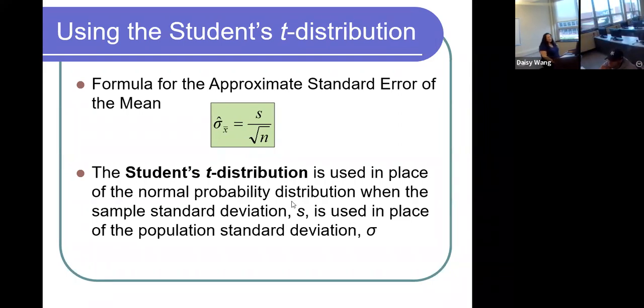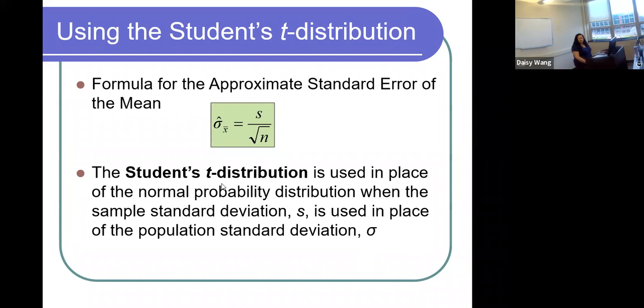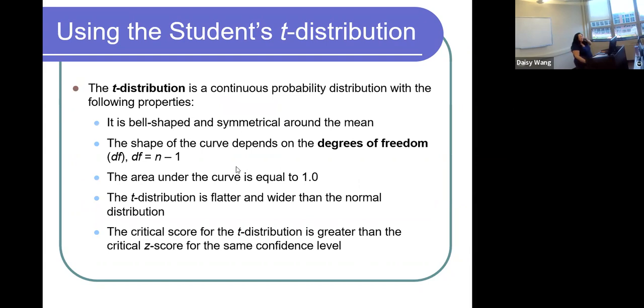So that's why with the t distribution, it's still bell shaped and symmetric, but it's flatter and wider than the normal distribution. In this case, we have to use the degree of freedom n minus 1.